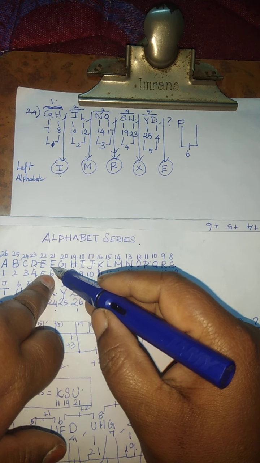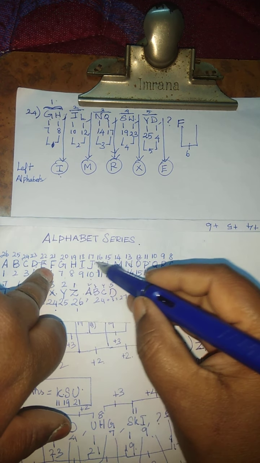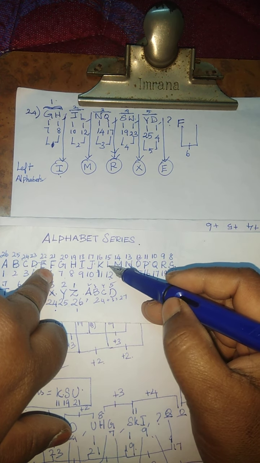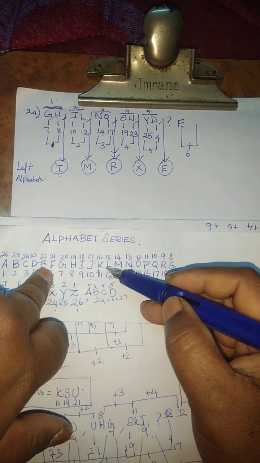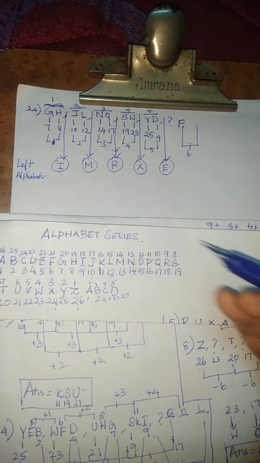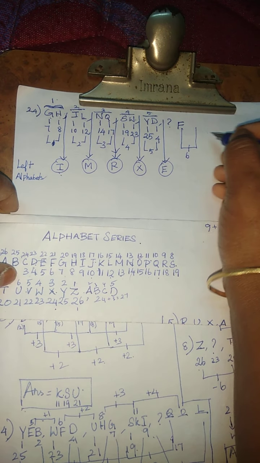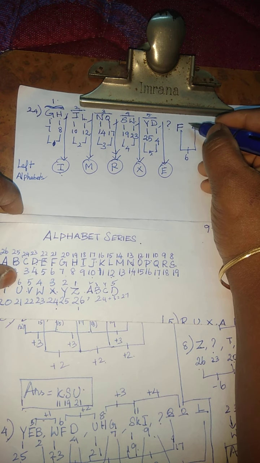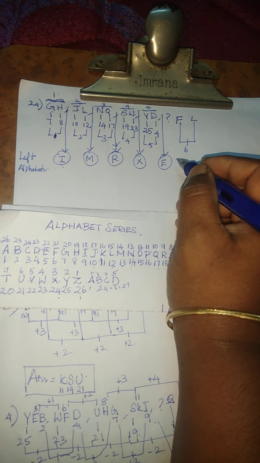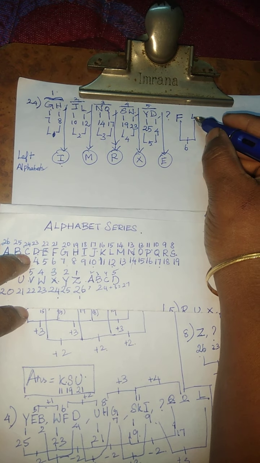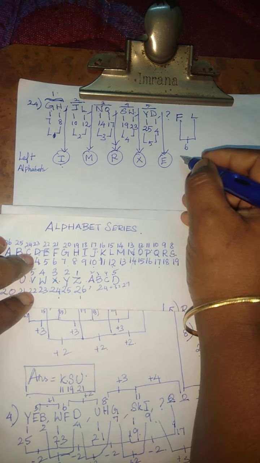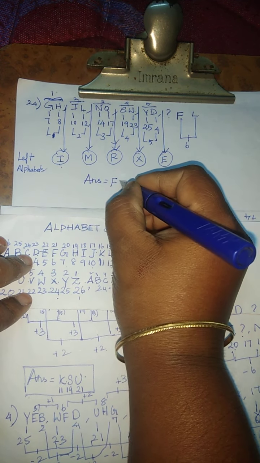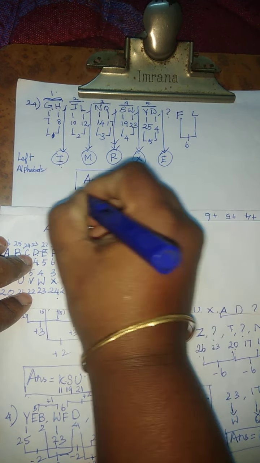After F, the sixth alphabet we should write: 1, 2, 3, 4, 5, 6. The sixth one is L. Hence the answer is F, L.